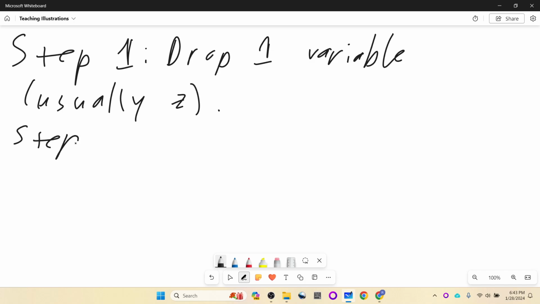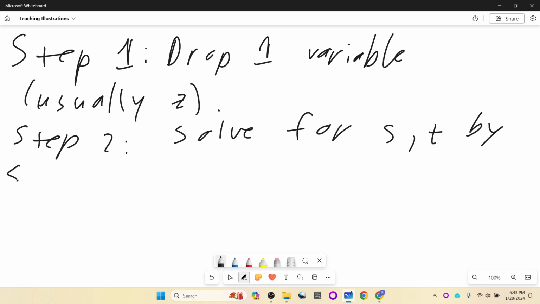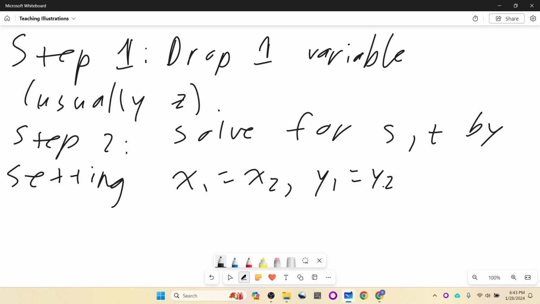Step 2. Solve for S and T by setting x1 equals x2 and y1 equals y2.